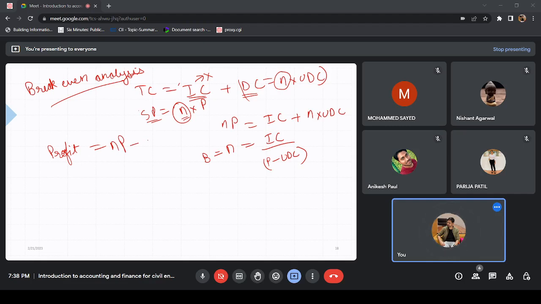NP minus IC plus DC. Right. Now this total cost equation can be given to you in any form. Now from this, if you want to calculate the profit, it's simple. You put the value of X in both total cost and selling price and find out your gross profit. So what is your exact doubt in this case? This is what you have to apply, be it any equation in N or X.